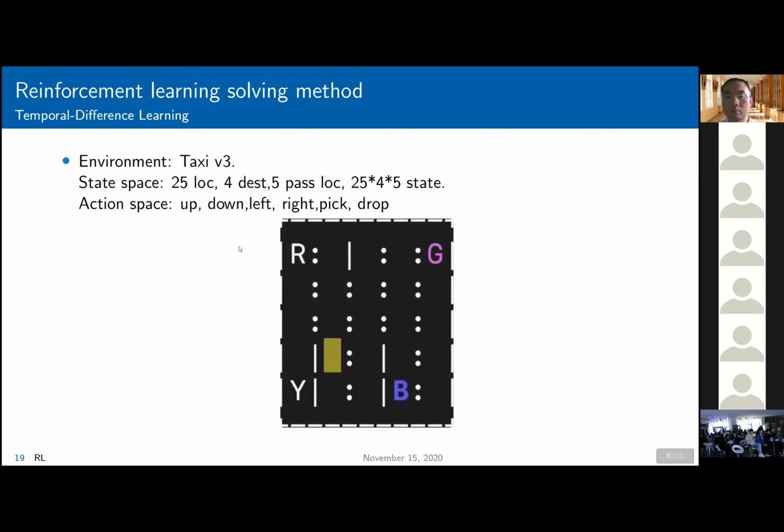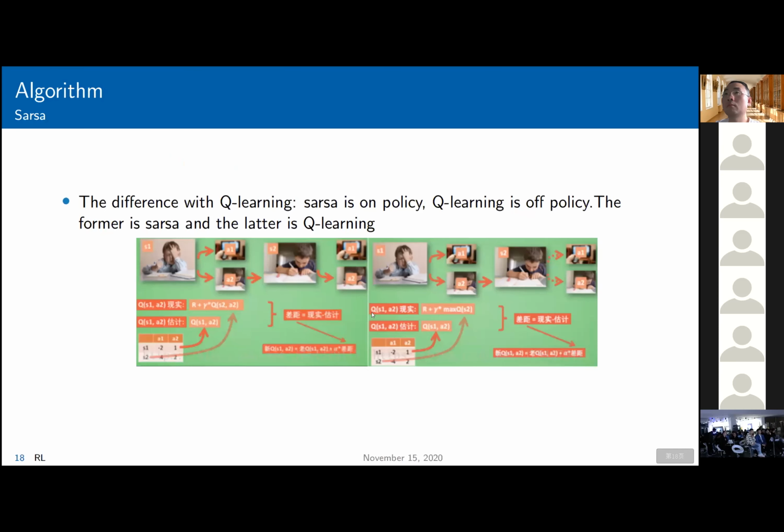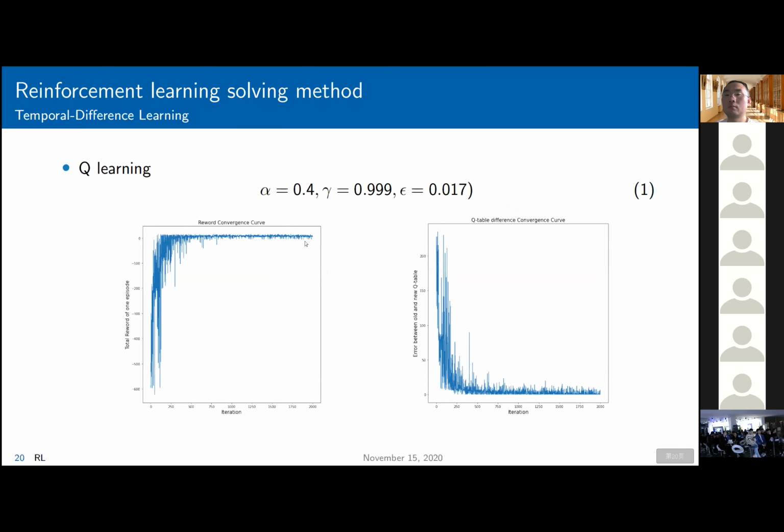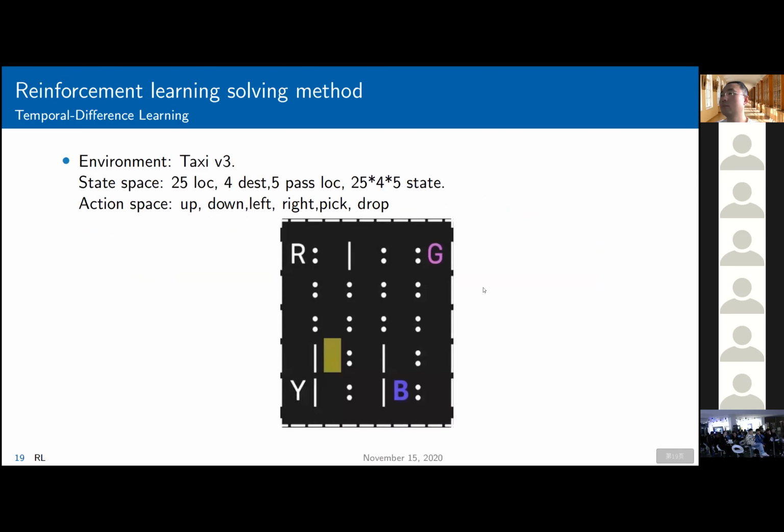So this picture is about the application problem. It uses the Q-learning and SARSA algorithms. R, G, Y, and B are four different places, and the rule of the game is to pick up passengers at one place and then send them to another designated place.